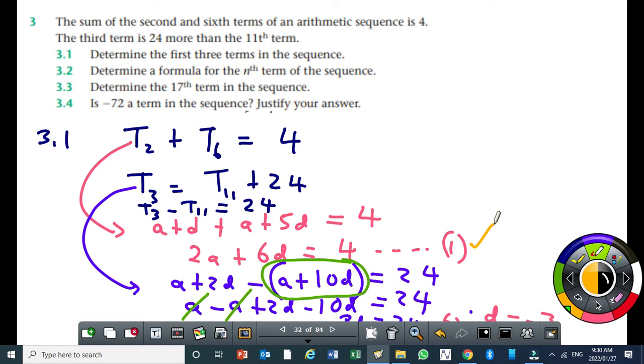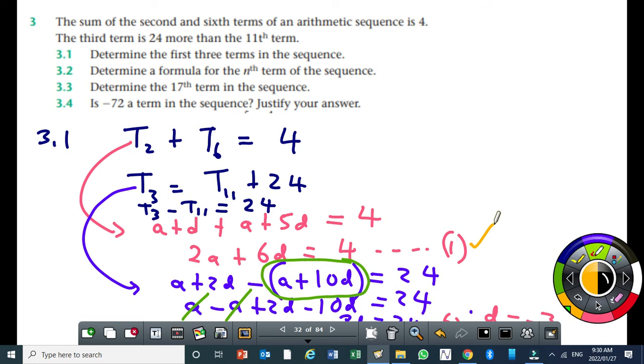Can I have your attention, please? It says the third term is 24 more than the 11th term.